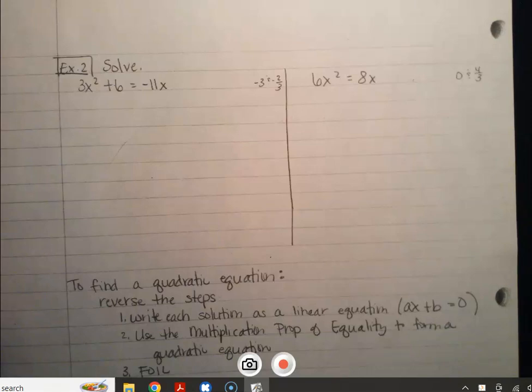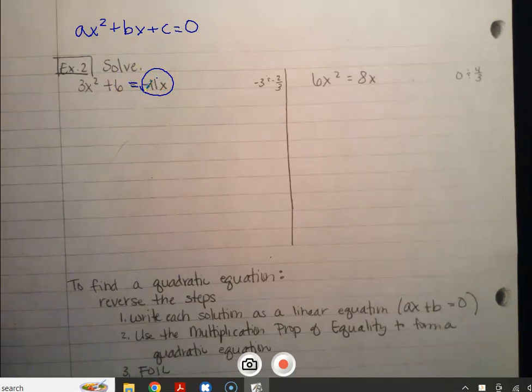If we notice this first one, let me go back. Our standard form was ax squared plus bx plus c equals 0. We have equals negative 11x. That's problematic.